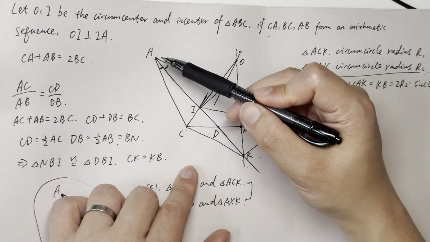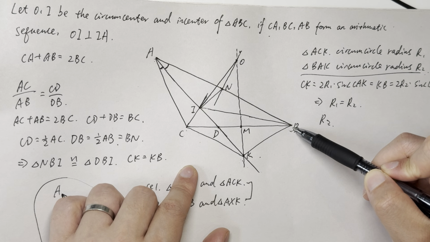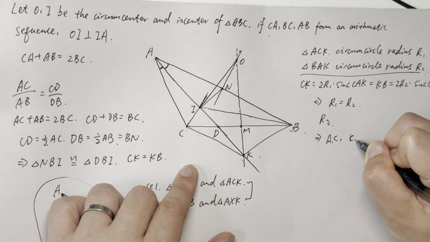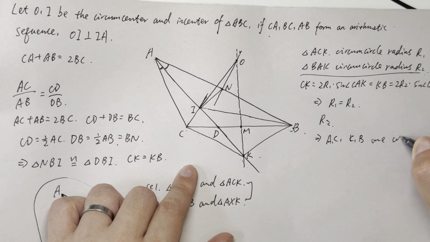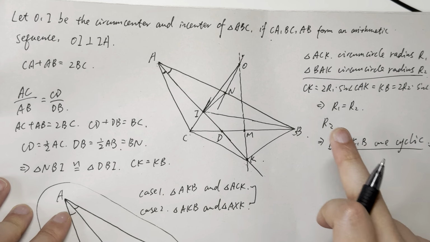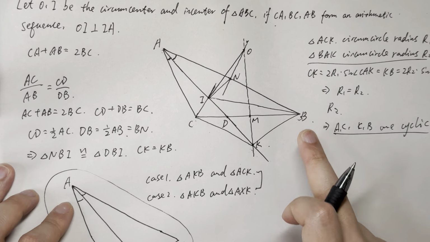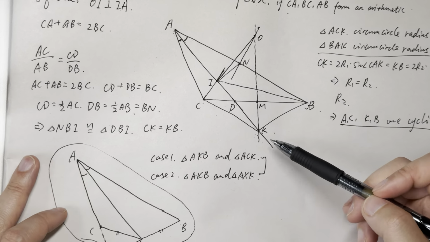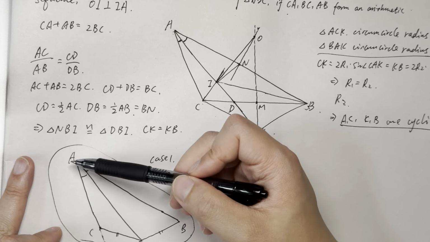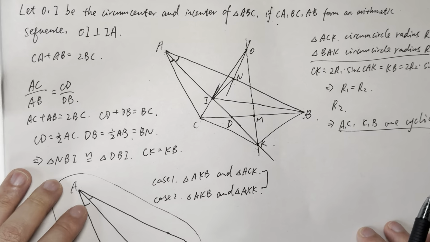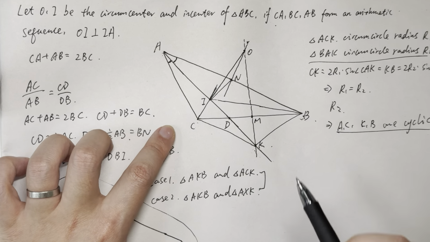That is saying that the circumcenters of triangle ABK and triangle ACK are the same, and it is saying that ACKB are cyclic, right? This is only valid if ACKB is like this shape, not like AC prime KB. We just proved that. Okay, we got ACKB are cyclic.